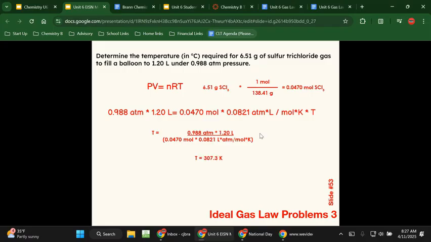Okay, I got 307.3. In Kelvin. Why? Because gas laws always give us temperature in Kelvin. How do I get it back to degrees Celsius? Minus 273. Minus 273, final answer 34.3. 34.3. Questions, ladies and gentlemen?